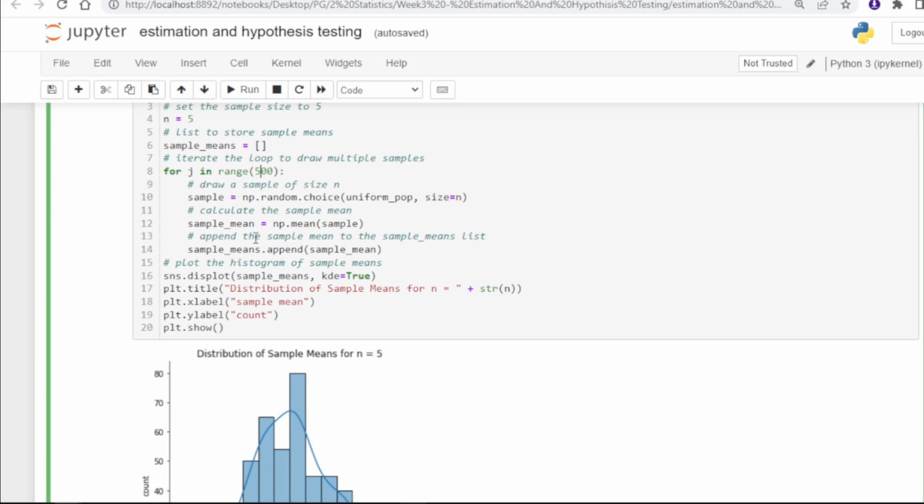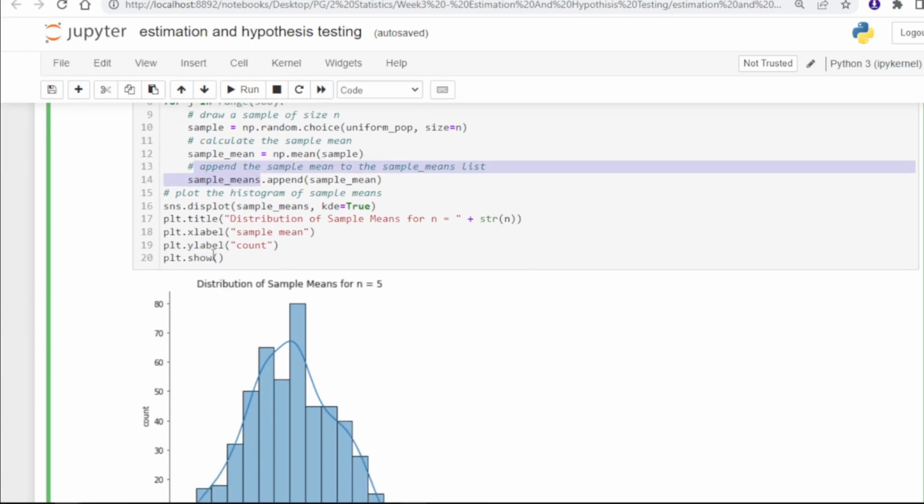Each time we make a random choice from the uniform population with size 5, and then we calculate the sample mean. Later we append the sample mean to the sample means list, so here we get our final sample means.